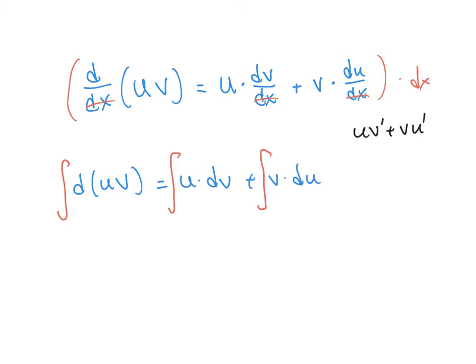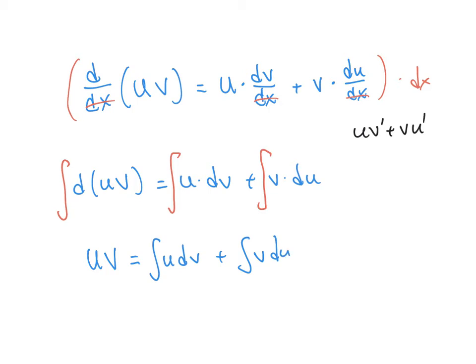So if we were integrating dx, it would be x. Since we're integrating d of uv, we get back uv. And then we have no idea what we're going to do with these two integrals, so I'm just going to write them. So it's the product uv equals the integral u dv plus the integral v du.